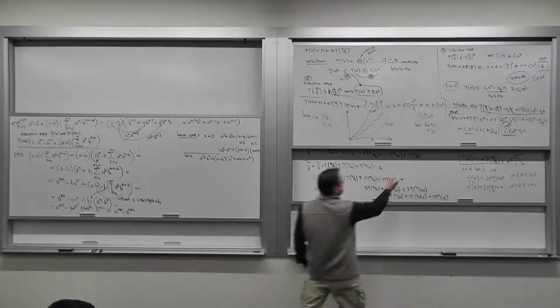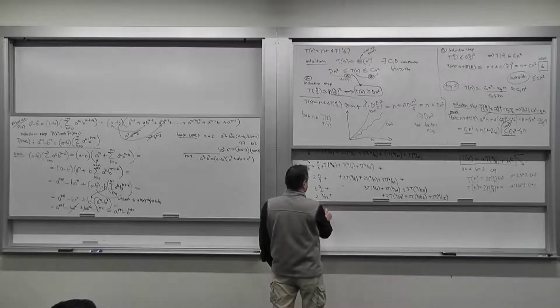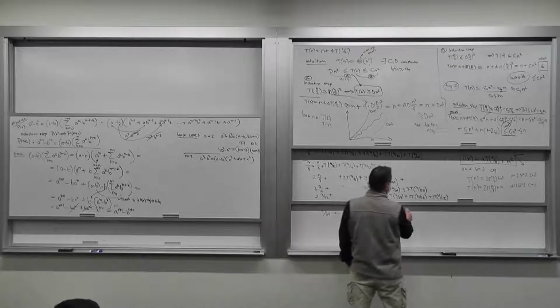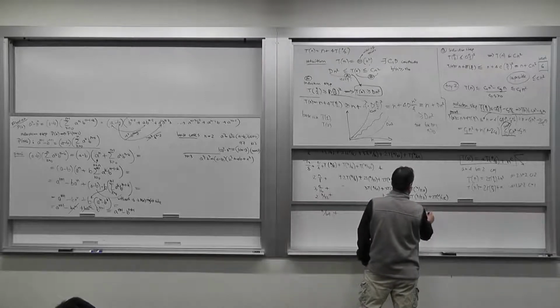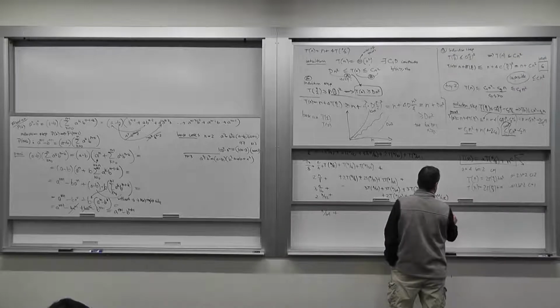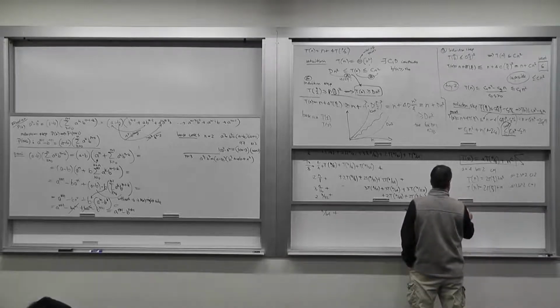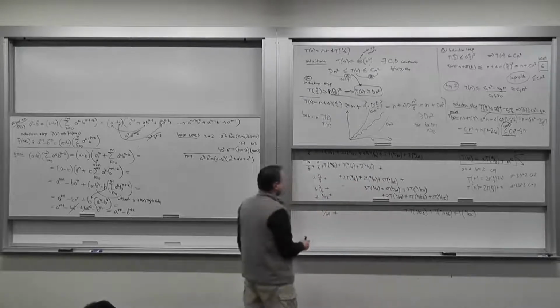And the last one, which is n by 64, it's going to be n by 64 plus 128, 256, plus the last one is 512. So now I'm adding them up.